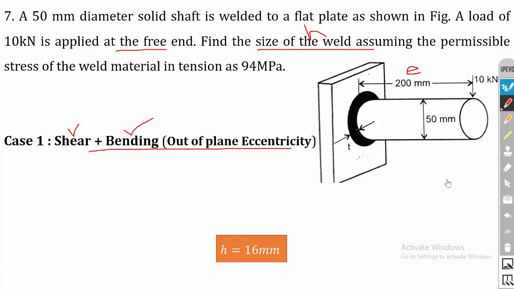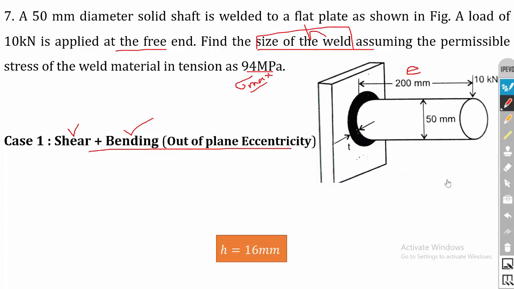Find the size of the weld assuming the permissible stress of the weld material in tension as 94 megapascal. So in tension means it is sigma, it is not tau. Okay, so sigma max is given as 94 megapascal, and by substituting the sigma max value we have to calculate the size of the weld, that is H. So in the previous problem we substituted H and calculated sigma max.